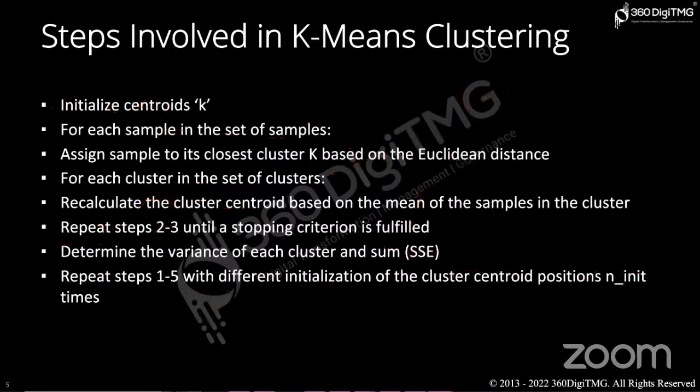Okay, so this is the process of how clusters are formed. First, you have to initialize the centroid k value. You can give anything, 2, 3, 4, something like that. Based on that, it will form the centroids, and then it calculates the Euclidean distance between all those data points, and finds the shortest distance.